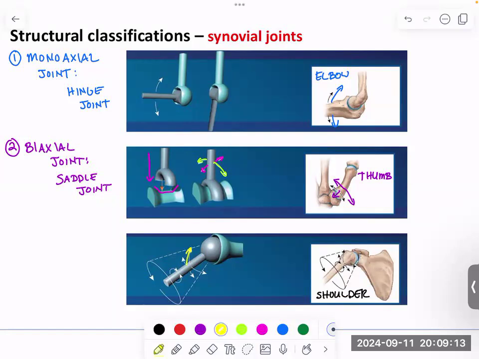This is considered 1 axis because it's a ball. So this is when you move it this way or move it this way. Look at how my hand is staying in the same position. That is 1 axis. Here's another one. You can rotate it. That is circumduction.